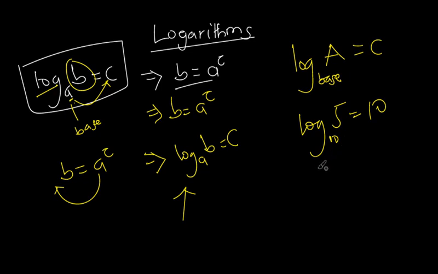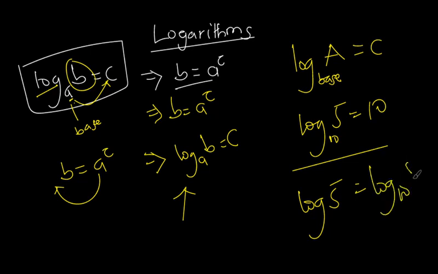So the standard base of a logarithm, if the base is not given to you, is 10. Let's take note of that. So log 5 is equal to log base 10 of 5. So this and this are equal. With this basic introduction, let's have a look at the laws of logarithm.